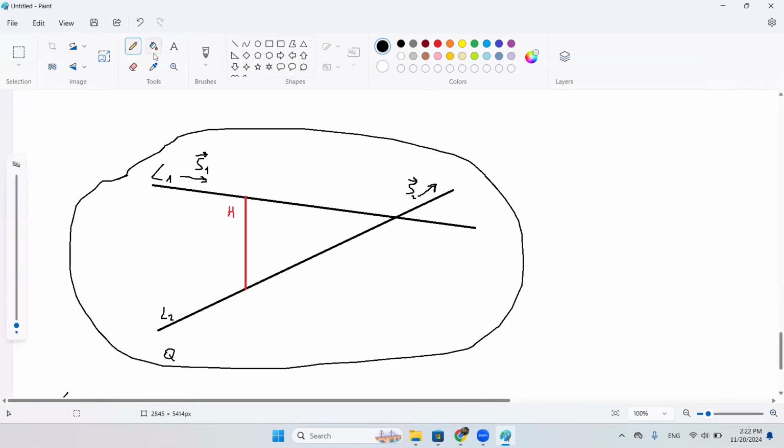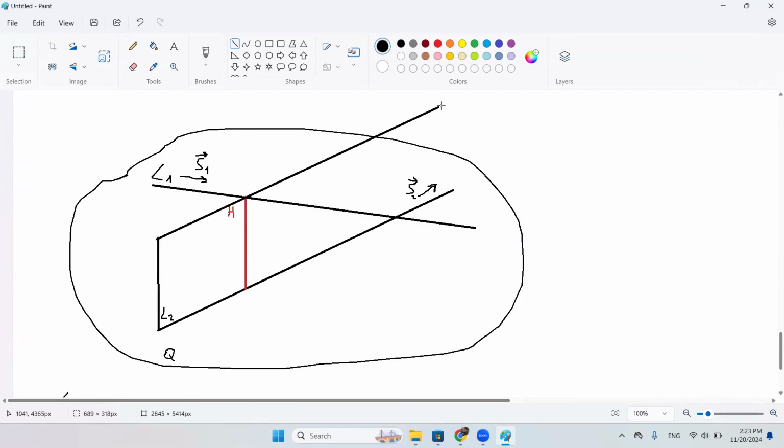Then, after that, we need to find two other planes, plane P1 and plane P2. I will explain which planes in just a moment when I finish drawing, of course.